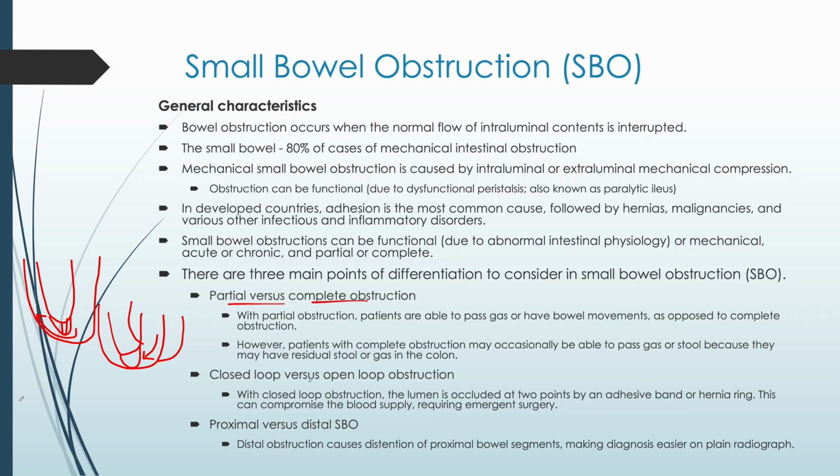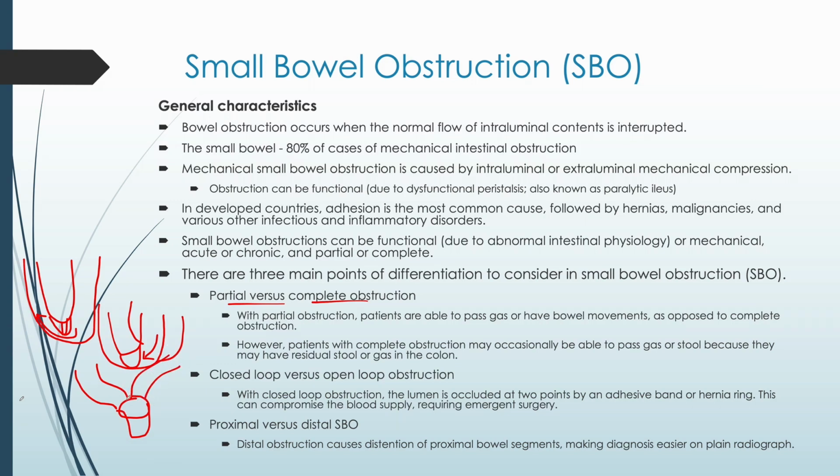Next, closed loop versus open loop obstruction. With a closed loop obstruction, the lumen is occluded at two points, kind of like a hernia. If you can imagine, let's say you have a ring here, and you have bowel coming in here, and it's actually coming through this ring and then coming back out like that.